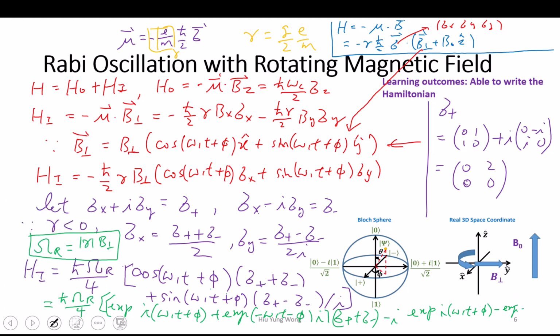I will just call this negative i times the whole thing, I just do a bracket to save time. And here, actually, I forgot that I need to divide by 2. The whole thing needs to be divided by 2, so I just multiply this by 2 here. And then the whole thing times sigma plus minus sigma minus.